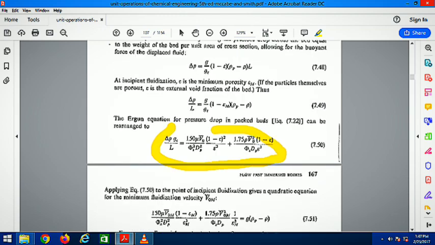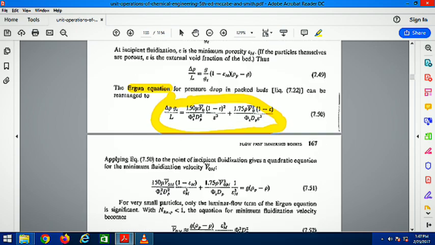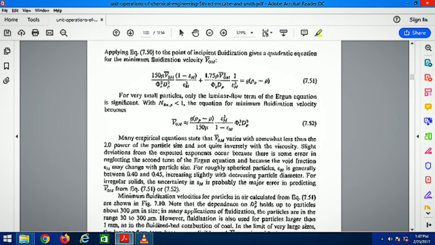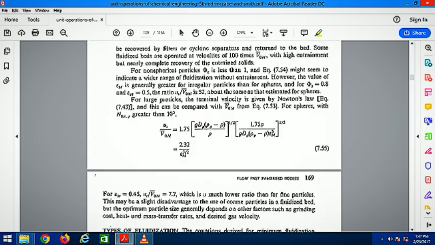So these are the equations. The Ergun equation, and this second term is actually the Burke-Plummer equation.